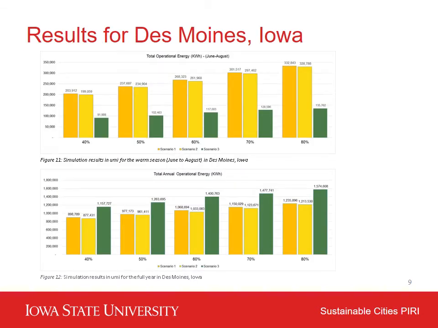So using the simulations in the urban modeling interface, which computes the energy use for these 9 buildings, you see on the top here the simulation results in UMI for the warm season in Des Moines, June to August, and you see a significant reduction in the energy consumption based on covering the walls of all surfaces, including roof, with vegetative surfaces.